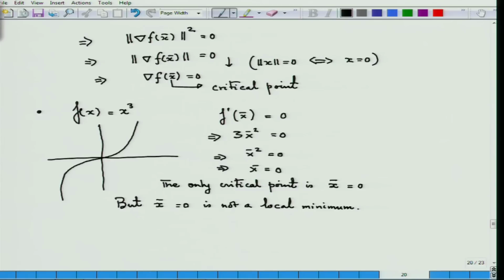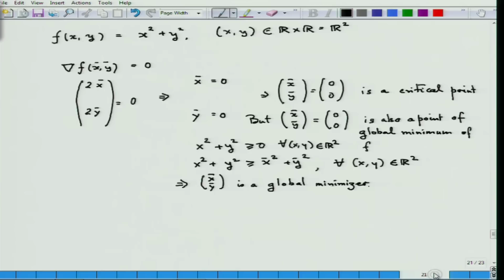Now, the question is, what is the point here? Actually, here you see the curve changes its nature. So, if you have a function from R to R, then a point is either a local or global minima, a critical point, or it is like this where the curve is changing shape.